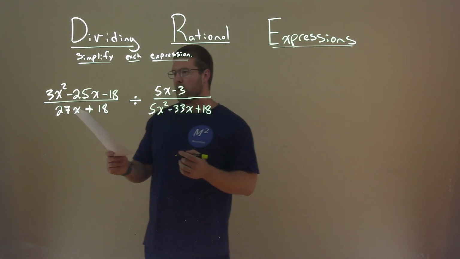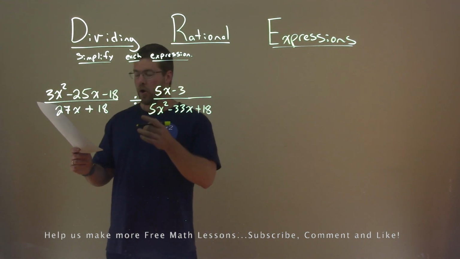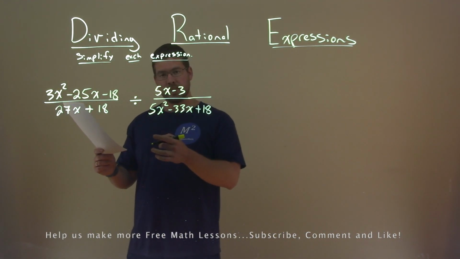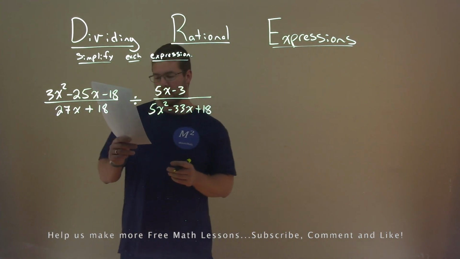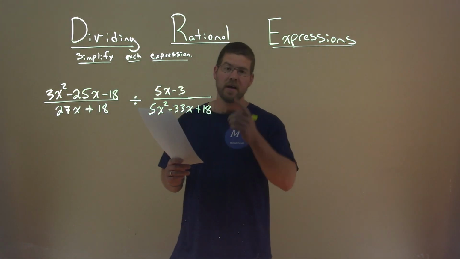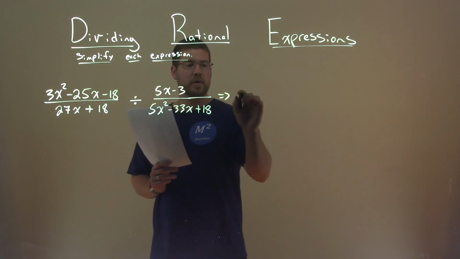We're given this problem right here. 3x squared minus 25x minus 18 over 27x plus 18 divided by 5x minus 3 over 5x squared minus 33x plus 18. And we need to simplify this expression. Well, I'm going to rewrite this as a multiplication problem.